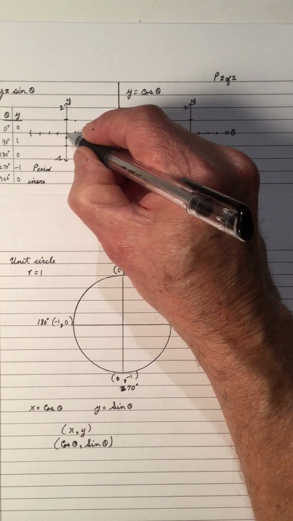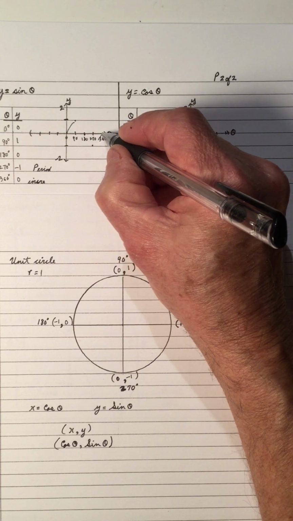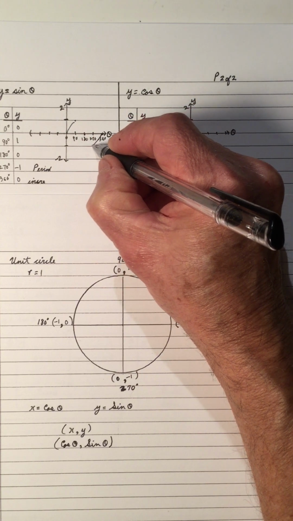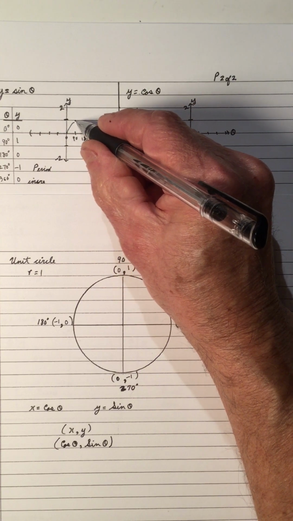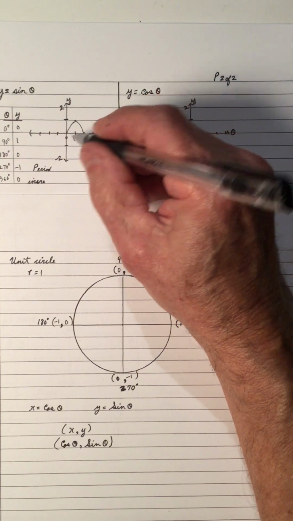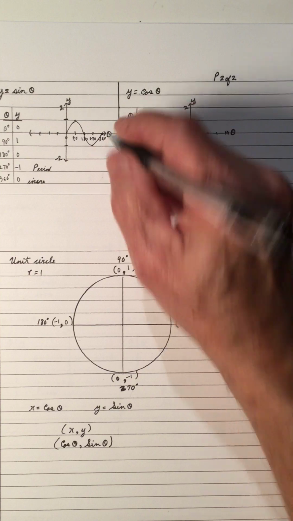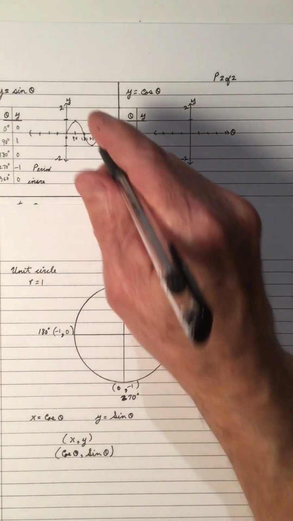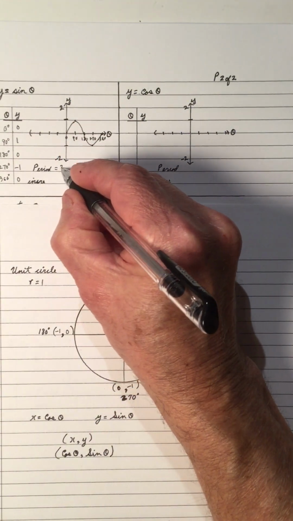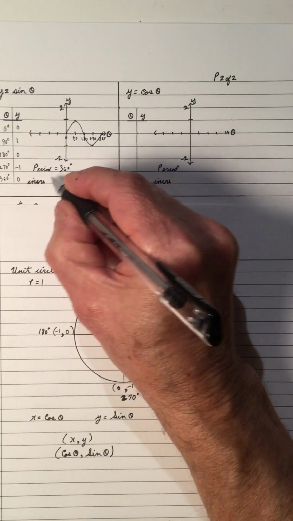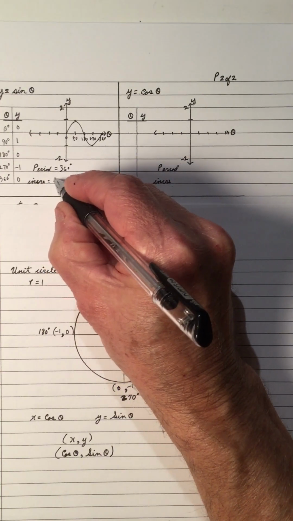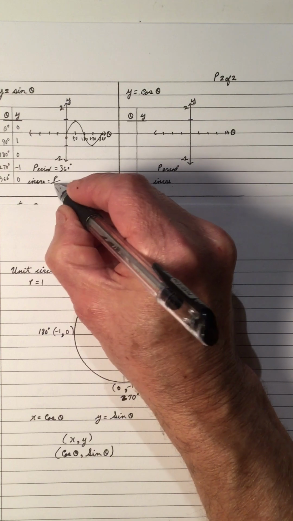So the sine graph is, as you've seen in the sinusoidal functions in trig, a sideways S starting at 0 and finishing at 360. So this is the pattern for sine, and the period of sine is 360, and the increment is the period over 4.